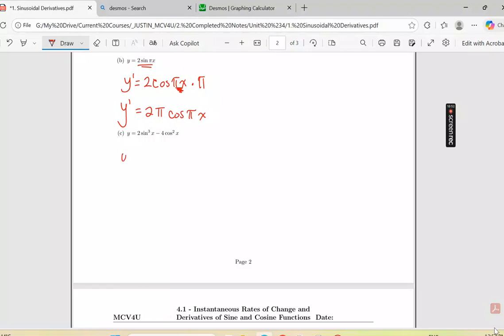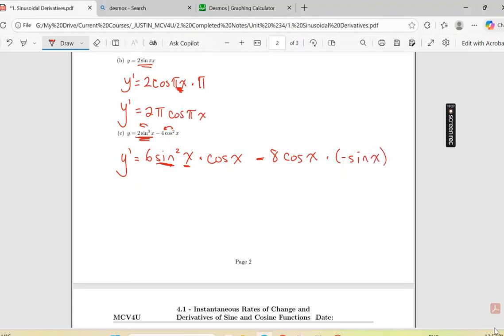Next example, y prime is equal to power rule. Bring the 3 down to give me 6 sine 2x. Okay, that's the power rule. Now chain rule. Now I got to find the derivative of sine x times cos x. Okay, that's the first term done. Now the second term, minus, bring that down, 4 times 2 is 8. 8 cos x times derivative of cos x is just negative sine x.